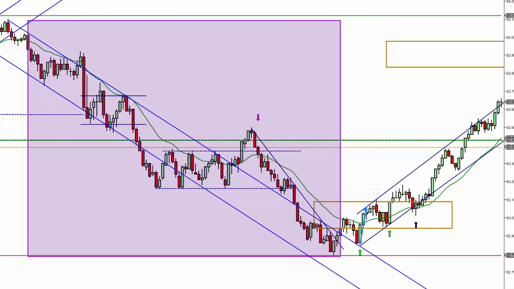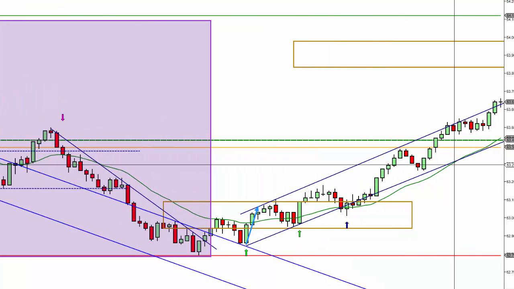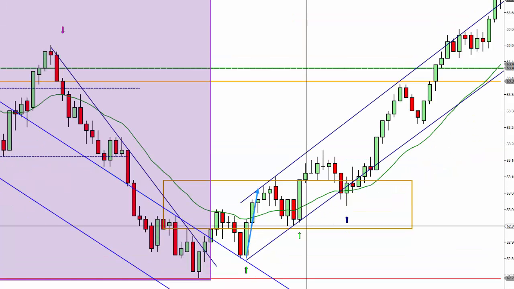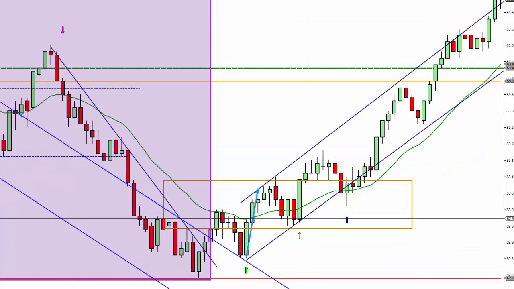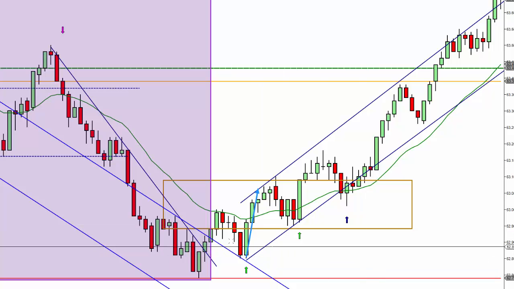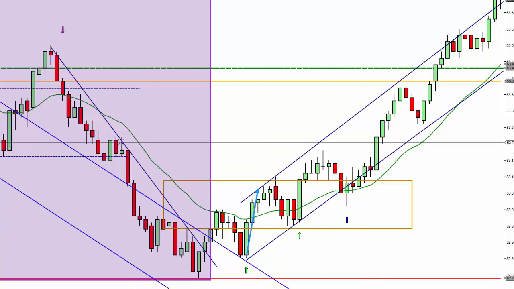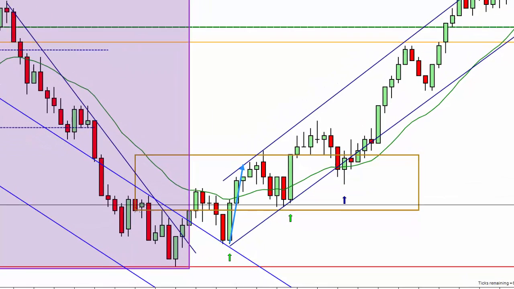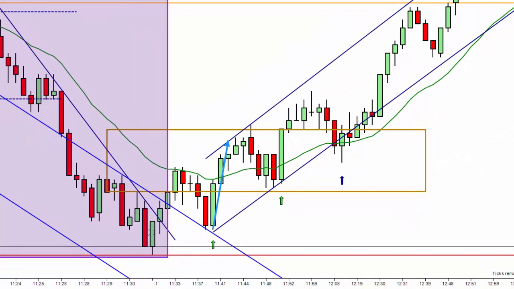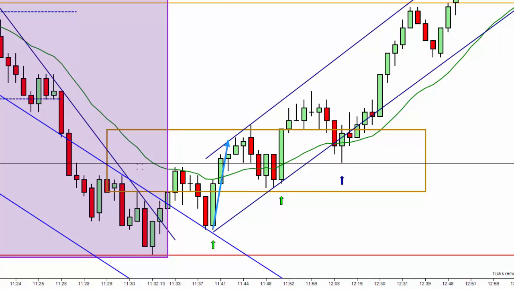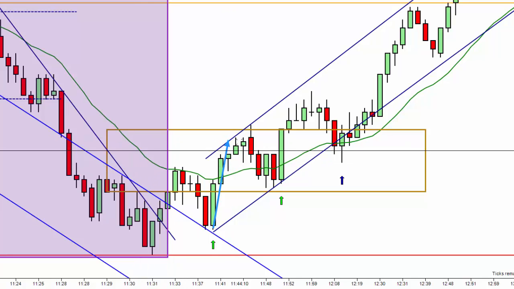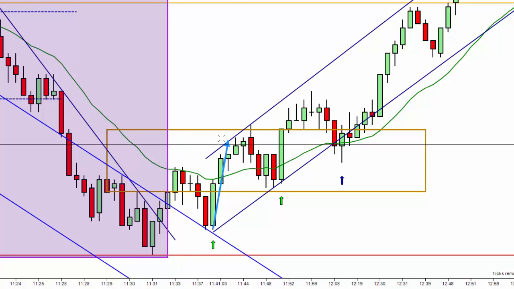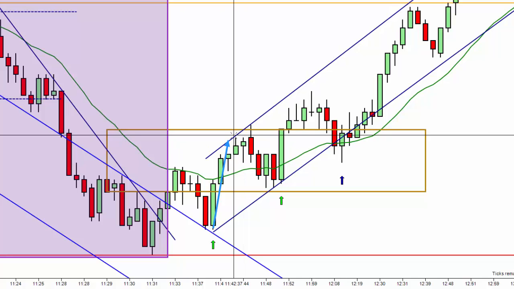Now, if price has gone up here, let's take a look at this. If you look at it from the perspective of right here, price has gone up, pulls back, goes up again, pulls back, goes up again, pulls back, goes up again, and you got a higher high than the previous higher high, a higher high here, lower high, lower high.